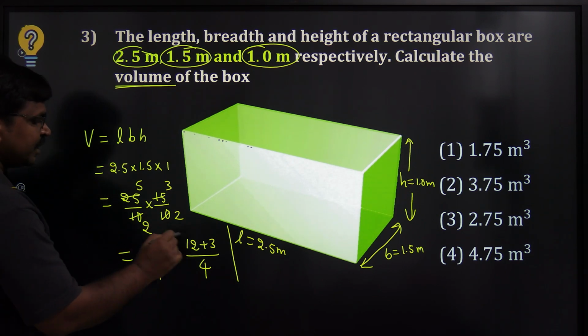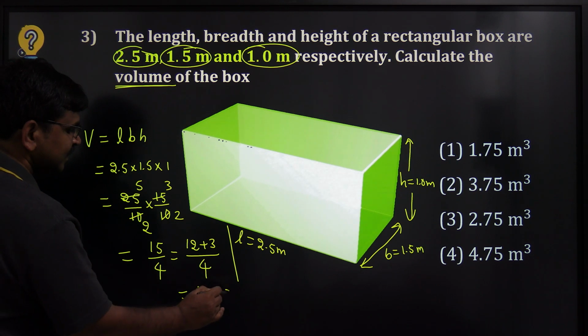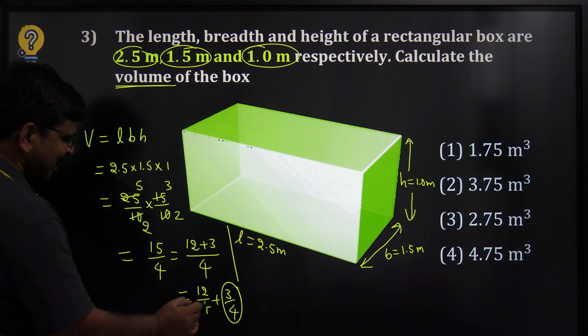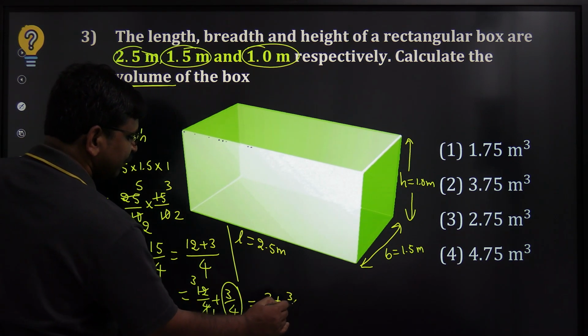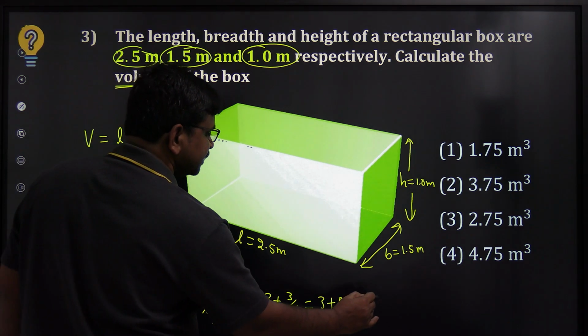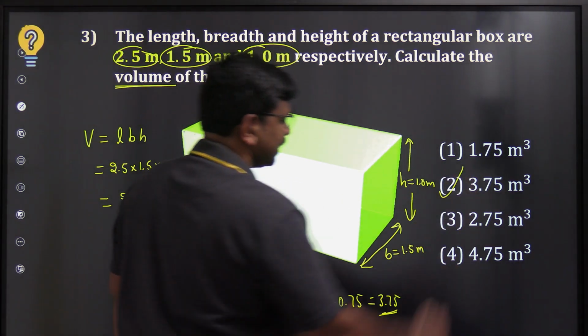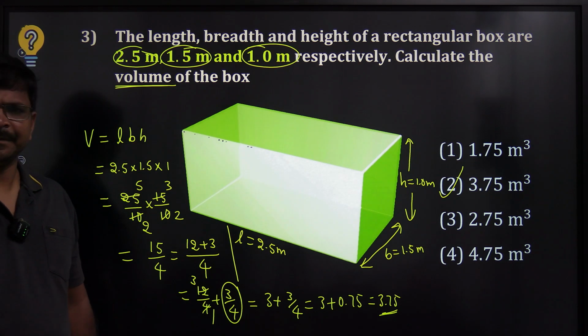So 15 can be written as 12 plus 3, and it is very simple, 12 by 4 plus 3 by 4. And the 3 by 4 fraction everybody knows, 0.75. And 4 3 times is 12. So 3 plus 3 by 4, which is 3 plus 0.75, which is 3.75. So the correct answer is the second one. Very simple question. I hope you understand.